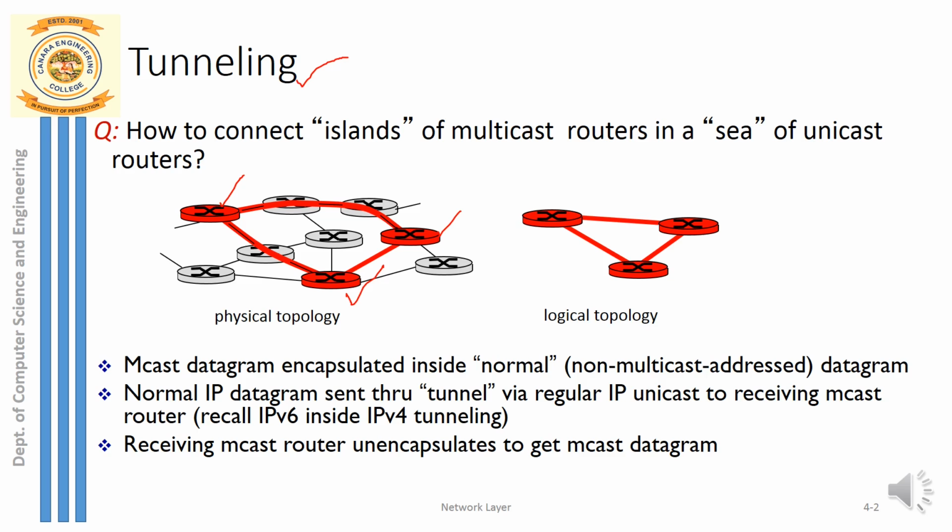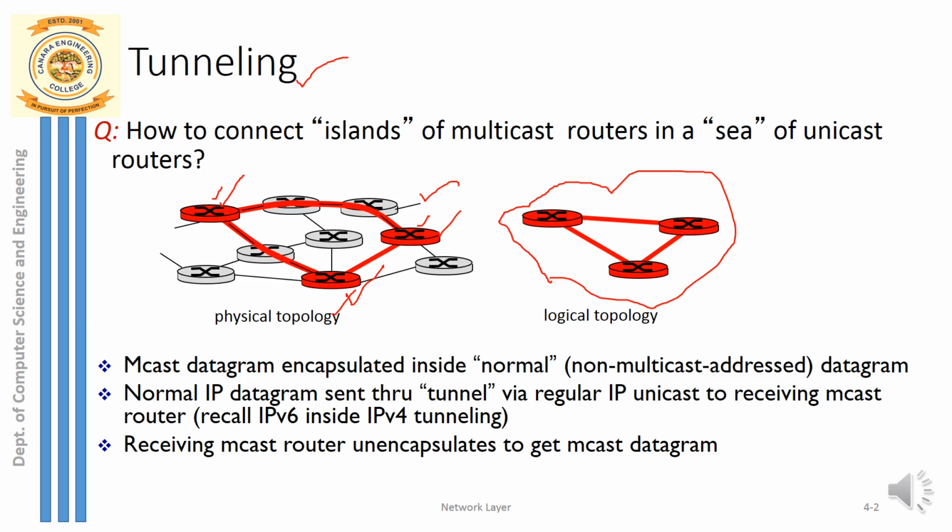Whenever a source wants to send a packet, it should be forwarded to the other multicast routers, whereas the gray routers should discard it, right? This is the physical topology, but logically, when you think of the multicast group members, it looks like this. The packet should be transferred only among these routers. That is the logical topology, but physically this is the topology.